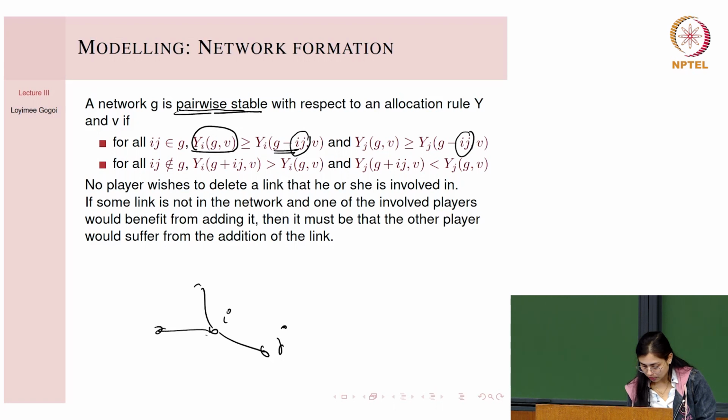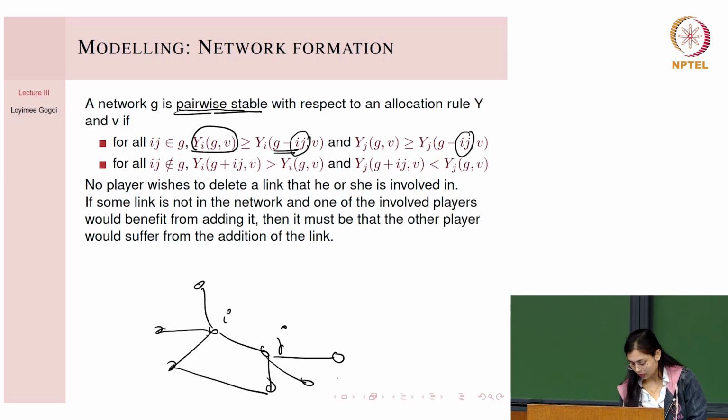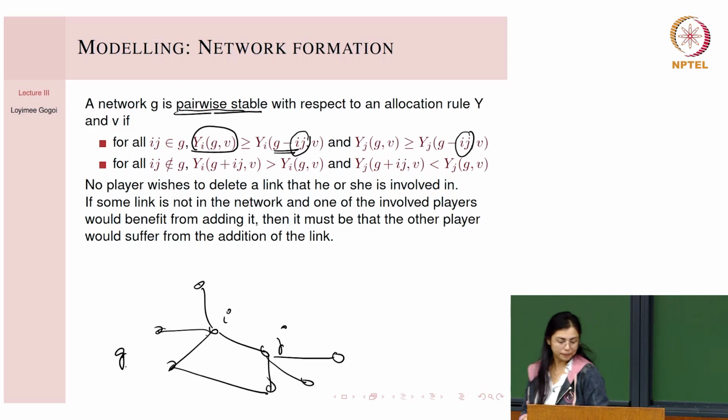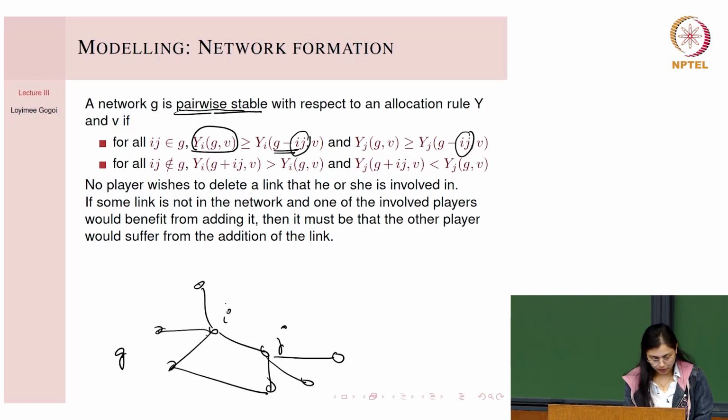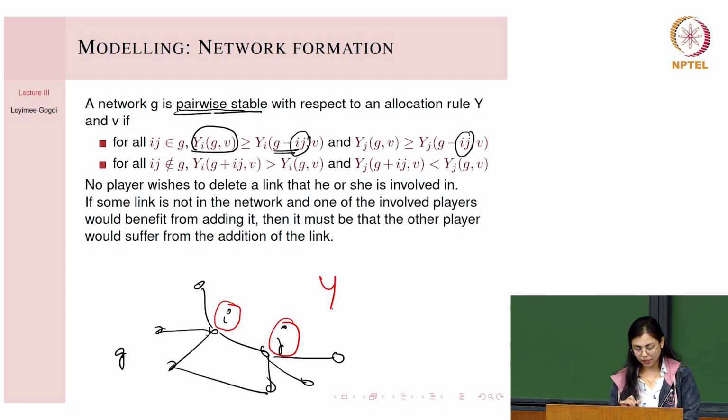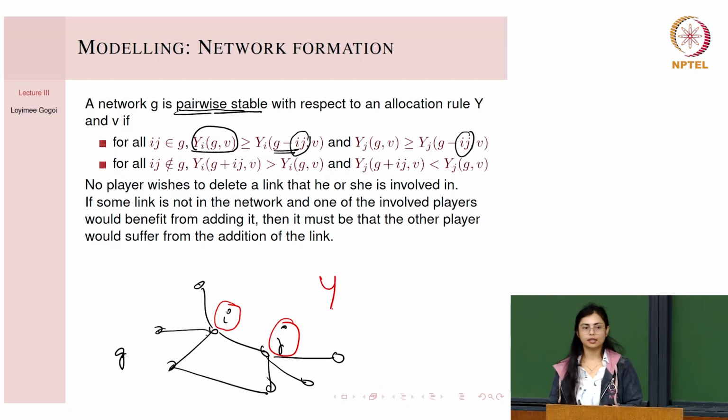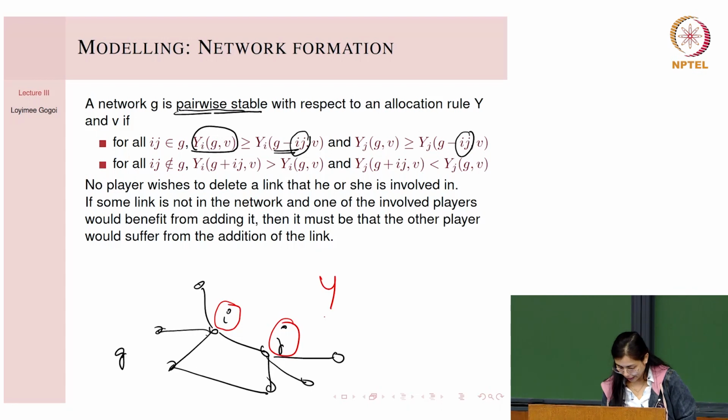This is my G, the structure of G, connected this way, where there is one link between i and j. Whatever i and j get under Y should be greater than what they get after deleting this link.